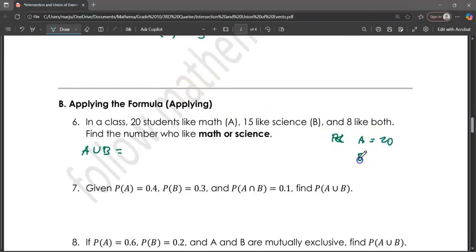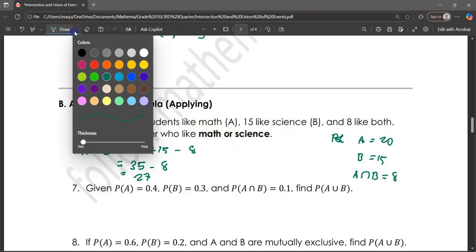And then my B is 15. And then A intersection B, like both, that is 8. So what I'm going to do here is simply add 20 plus 15 minus 8. So this gives me 35 minus 8, or this is 27. So there are 27 who like math or science.